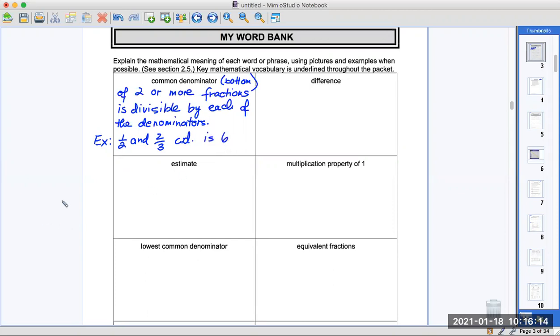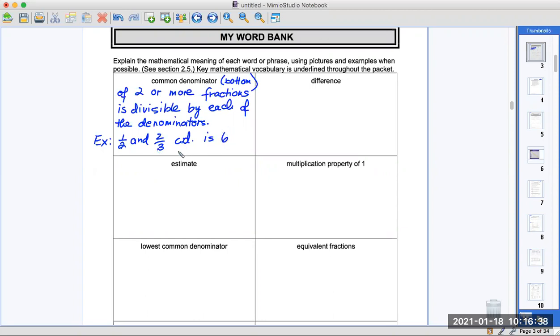And why is that? Because 6 is divisible by 2 and 6 is also divisible by 3. Okay, that's what the common denominator is. Let me give you a clue. It usually is higher than both of the denominators. If they're different numbers, the common denominator is usually bigger.